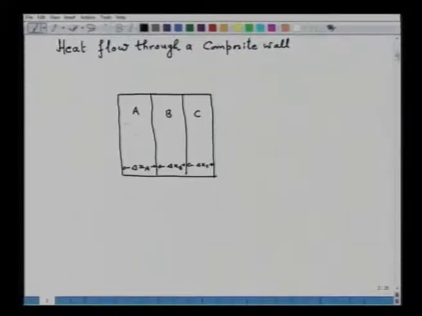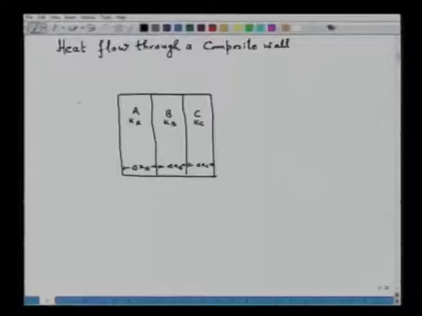Material A has thermal conductivity Ka, this is Kb, this is Kc. Now, this particular composite wall is exposed to the fluid at different temperatures.